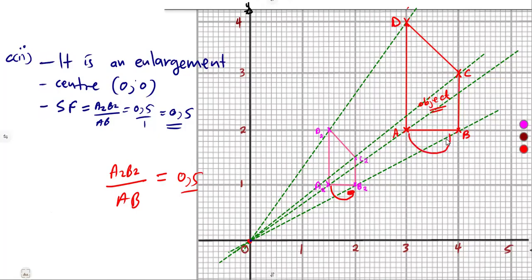AB, we are going to the right, so it's positive 1. It's a positive value. Do this to any one. This B, you are going up. This one, you're also going up. Positive over positive, your answer is positive. According to the direction that you are moving from A to B, how is it presented on your graph? Are you going to the left or to the right? The scale factor can be seen to be positive or negative.